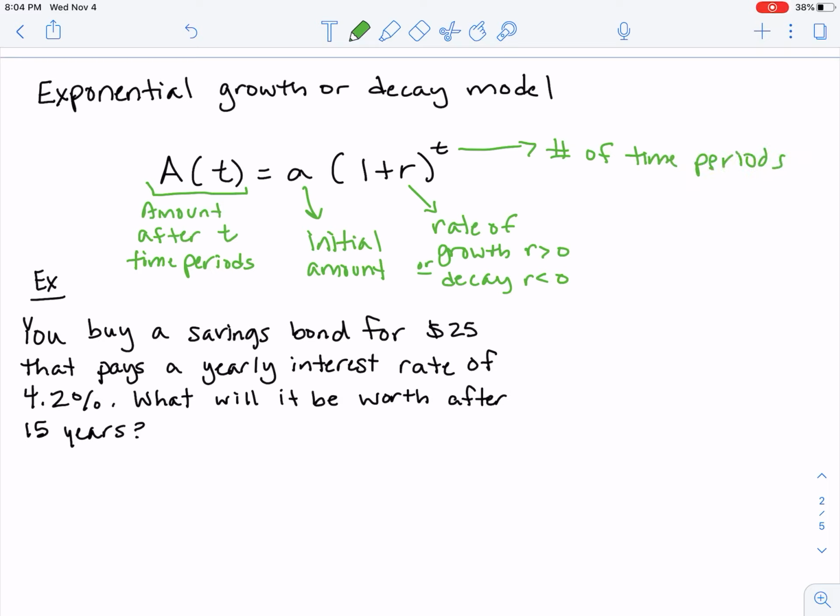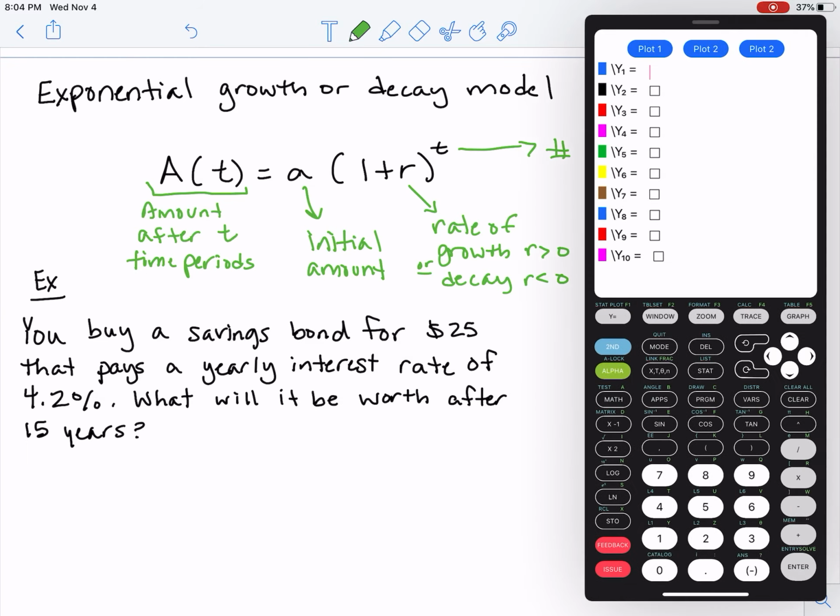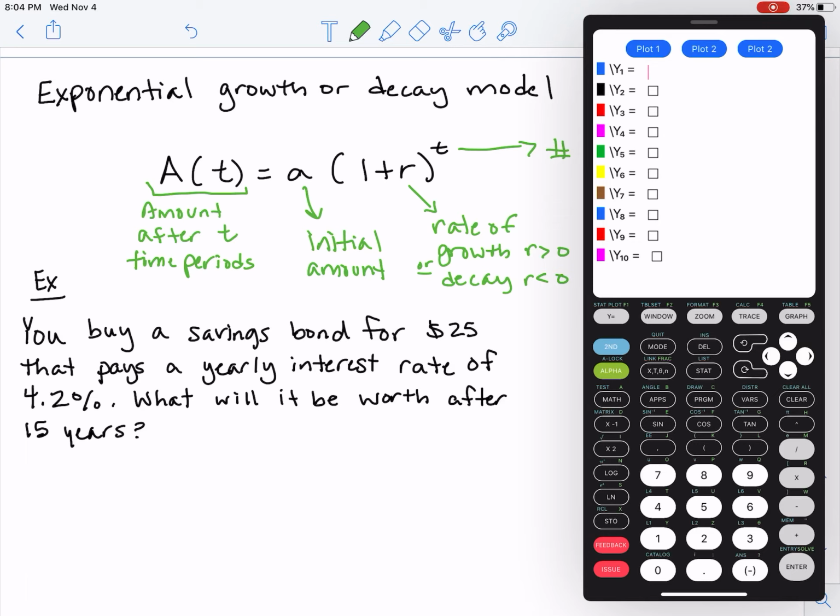All right, so let's apply this exponential growth or decay model. So this first example, you're going to buy a savings bond. We got the savings bond for $25 that pays a yearly interest rate of 4.2%. What will it be worth after 15 years?